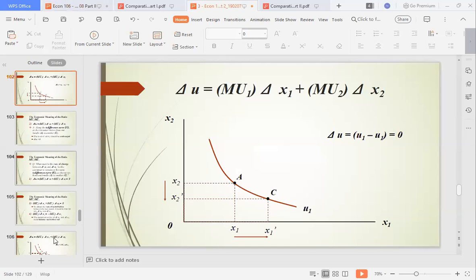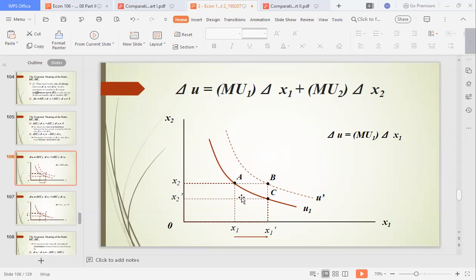So we are now allowing our utility to change here. So let me just go back to that one. In this scenario, because we're allowing our utility to change, we're now jumping off from one indifference curve to the other. In this case, you may consume more of x sub 1, and consuming more of x sub 1, how will that affect your utility?